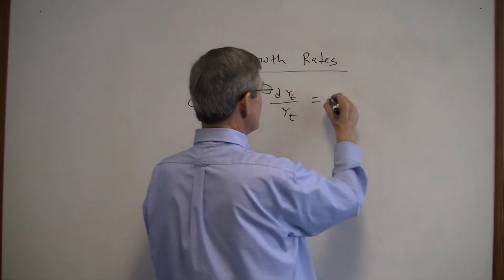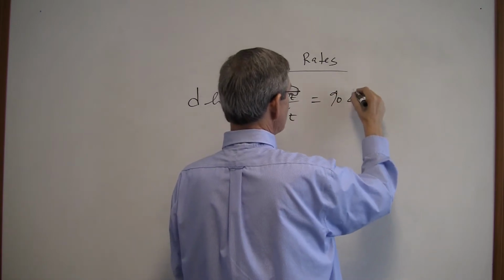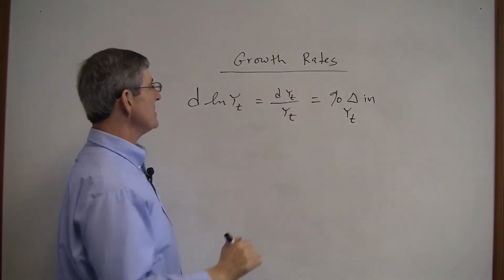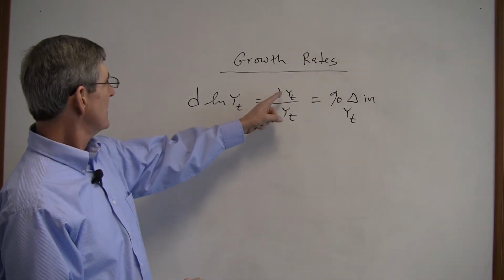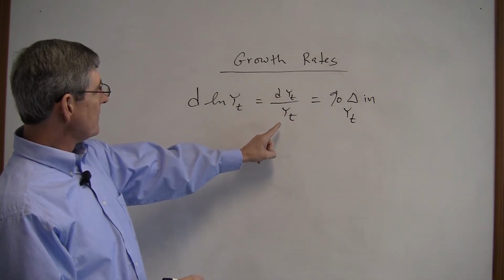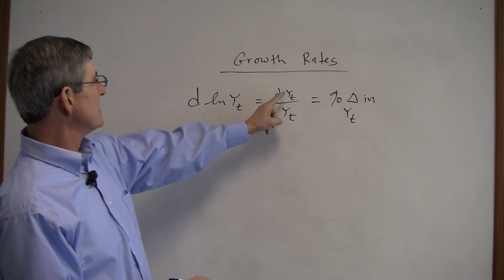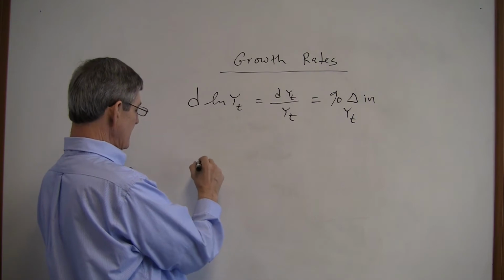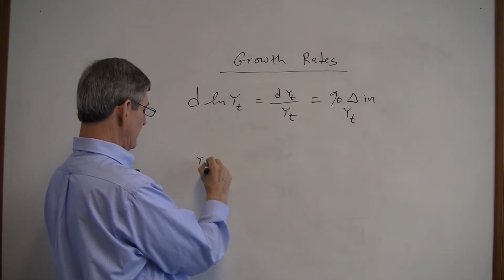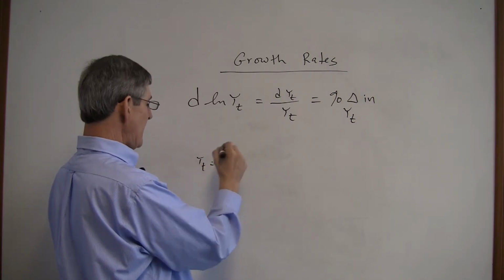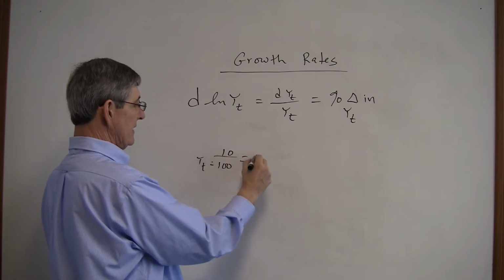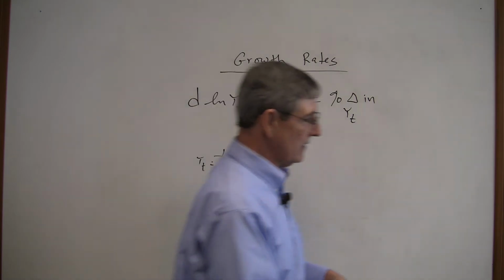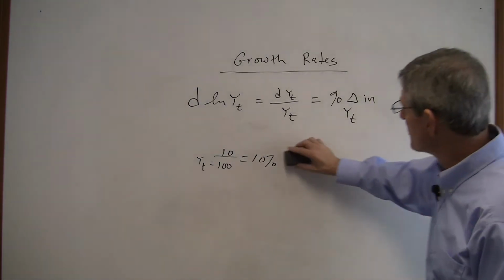And that is the percentage change in yt for an infinitesimally small change, because it's just the change over the level. If yt was 100 and it changed by 10, that would be a 10% change. So this gives you the right way to calculate a percentage change.